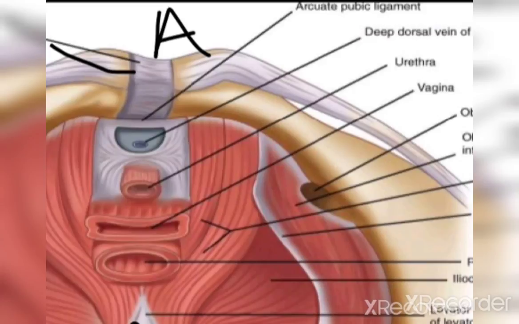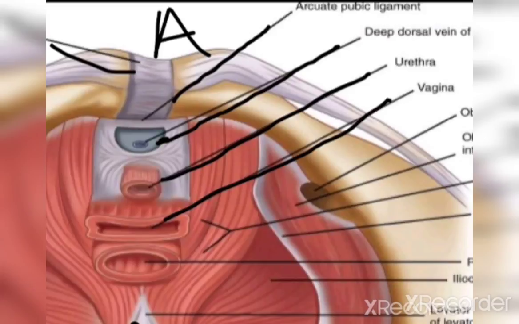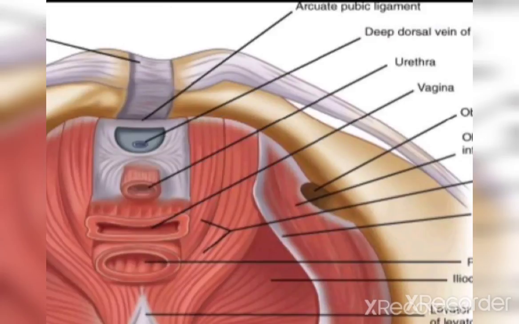First we can see the arcuate pubic ligament, here. Then the deep dorsal vein of the clitoris, then the urethra, then the vaginal opening, and this is your anal opening.